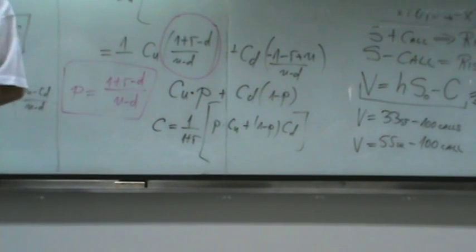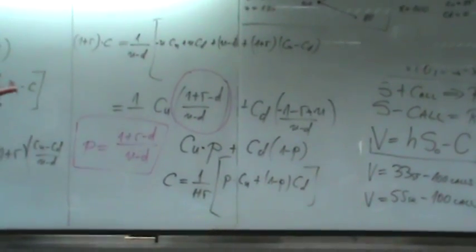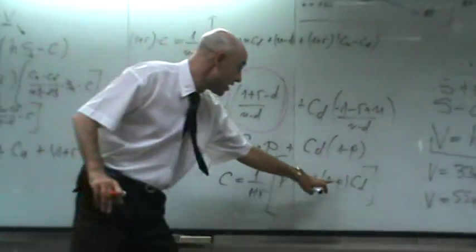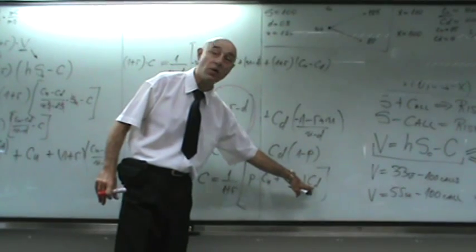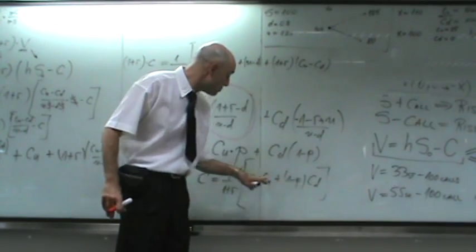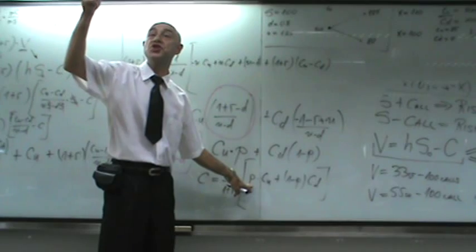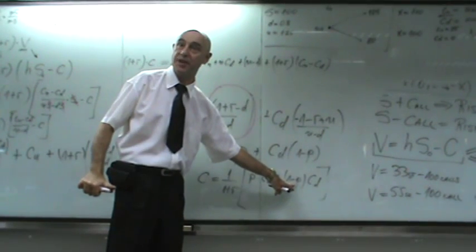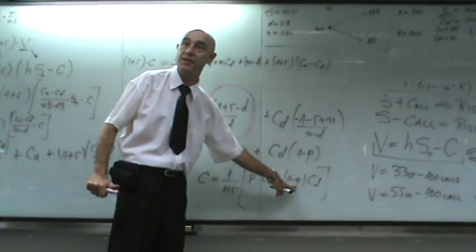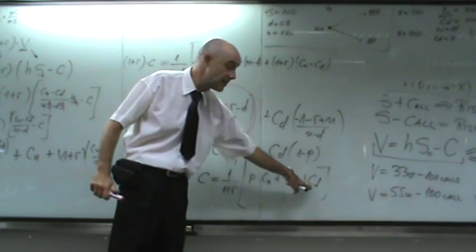And that's basically the formula. Probability of the call going up, plus the probability, which is 1 minus P, of the call going down. So P gives you the probability of an up move. This is the other probability. 1 minus P is the probability of going down. And then CD.